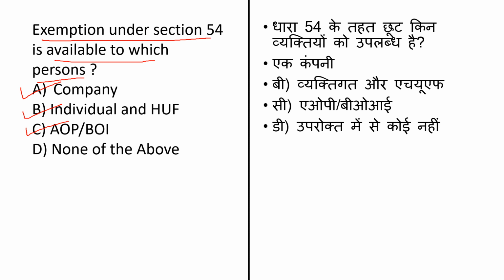This may be individuals or artificial persons such as an LLP or a company. Body of individuals is similar to the association of persons and is also an accumulation of individuals who have come together with an objective of earning some income. And the last option is none of the above.